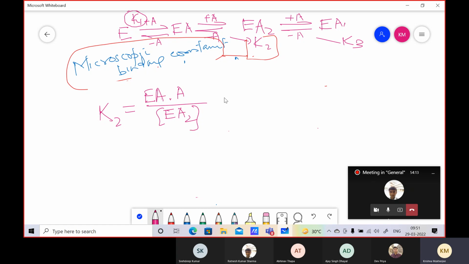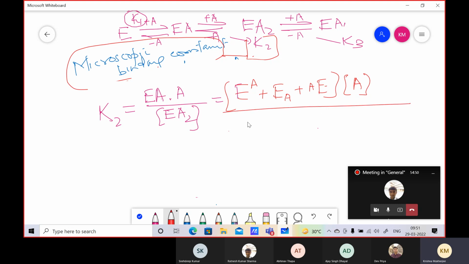Right, but now what is this equal to? This EA is now composed of 3 parts: EA plus EA plus EA, into A, and EA2 is also composed of various combinations: EAA plus EAA plus EAA.